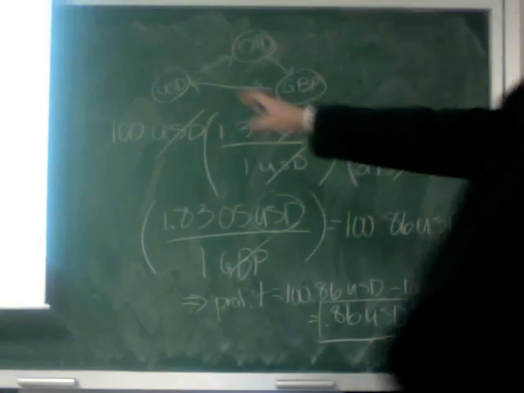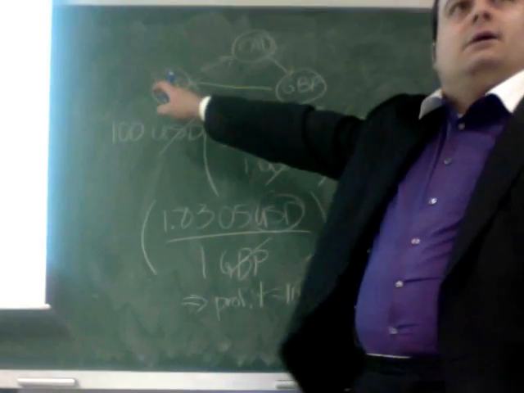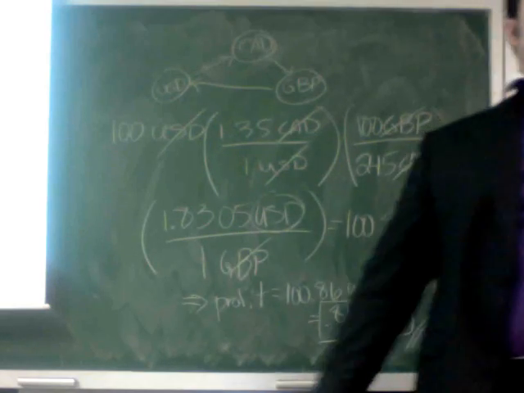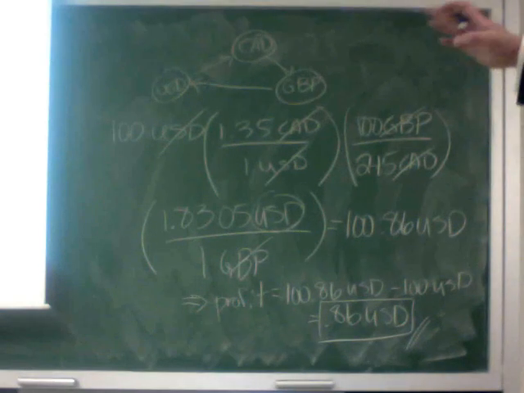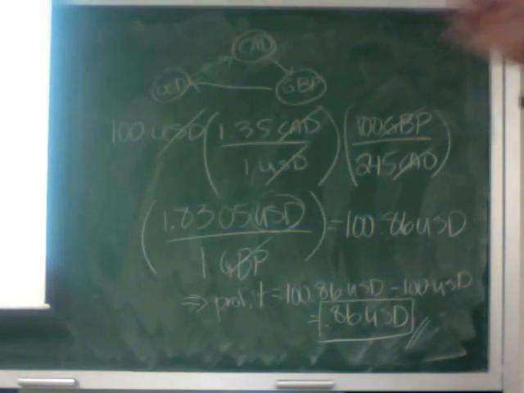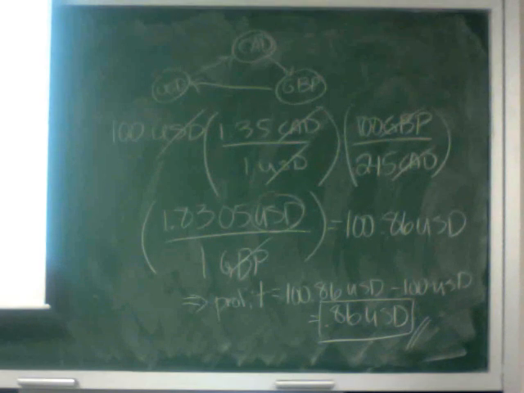If I end up at the exact same amount, then there's no triangle arbitrage, right? Then in that case, the cross rate and the direct rate are in equilibrium. When they're not in equilibrium, either by going clockwise or by going counterclockwise, one way is going to be less and one way is going to be more.